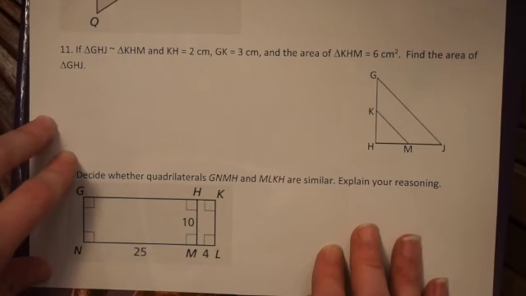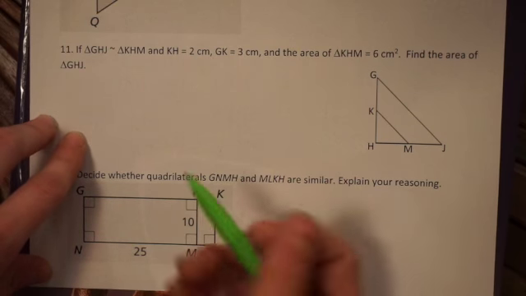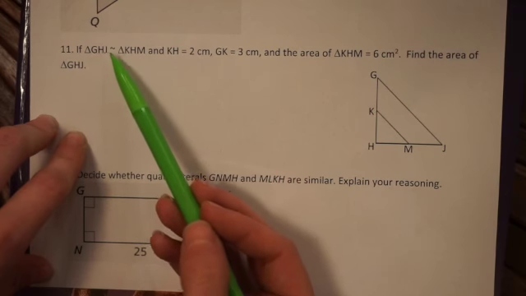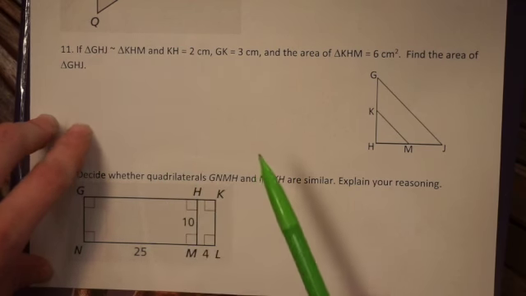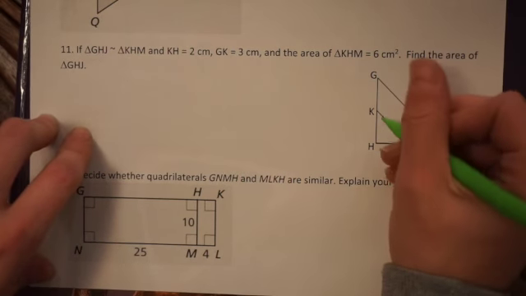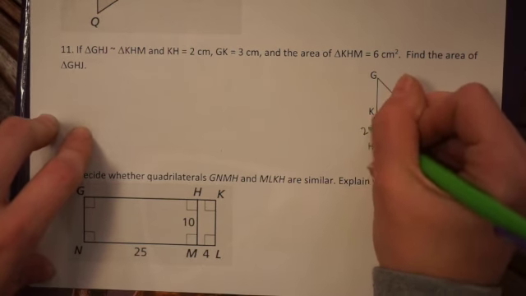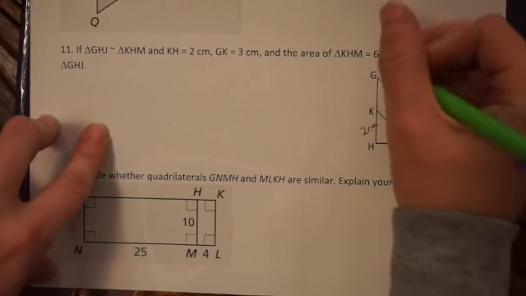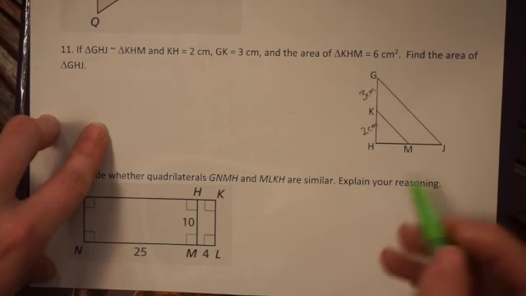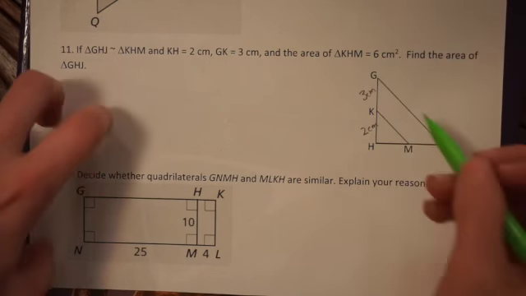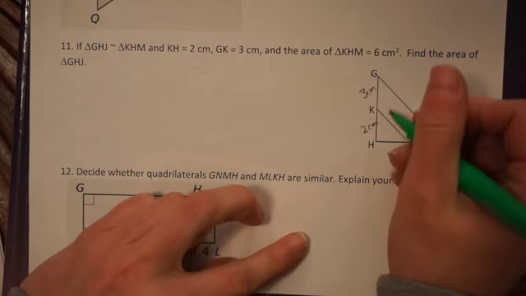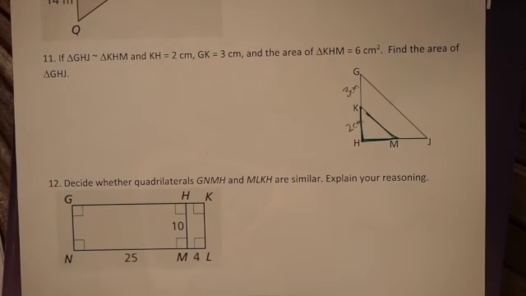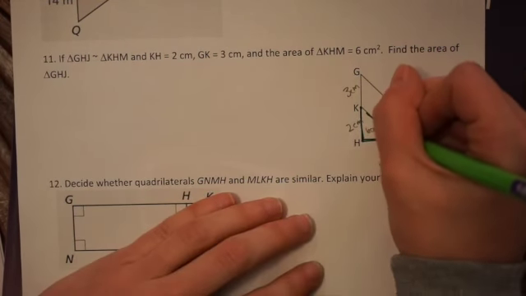Okay, so let's look at number 11. Triangle GHJ is similar to KHM, and we know for sure that KH is 2 centimeters, and from K to G, that's 3 centimeters. We notice that triangle KHM has an area of 6 centimeters squared.